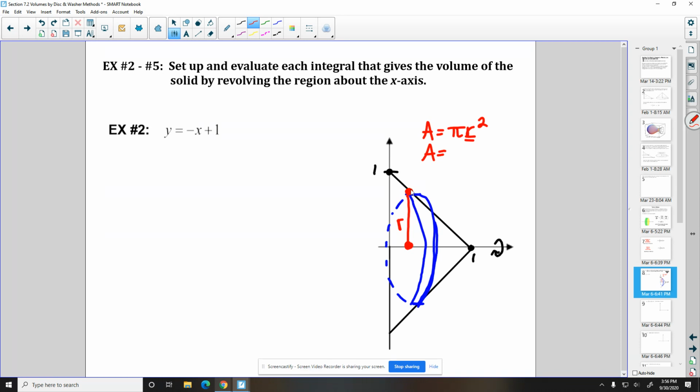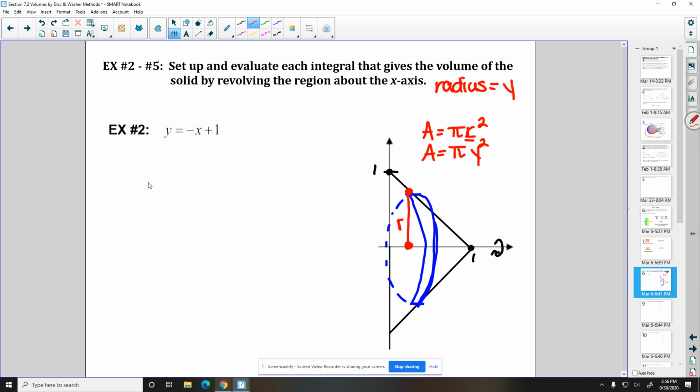And that means that this y value, whatever it is on this line, is also equal to the radius value. So we're going to say that the radius is equal to the y value. So we're going to call this pi times y squared, and basically this is how we would find the area of each of our little discs.